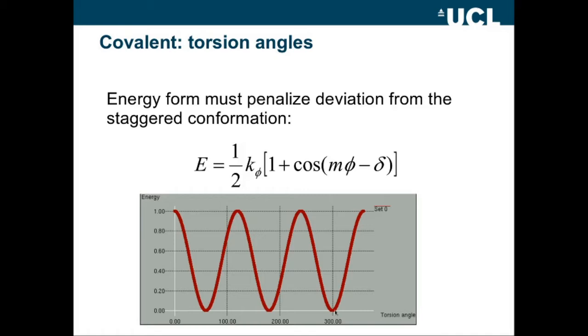Now what we've also done here is to add an offset of 1, which means that we get a range going from 0 to 2 instead of -1 to +1, and then we've put a half in front, which means that we go from 0 to 1. And then of course we also have some constant representing the amount of force that results from this staggered versus eclipsed conformation.